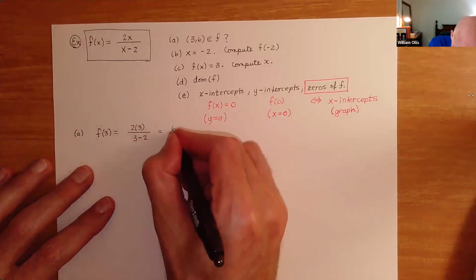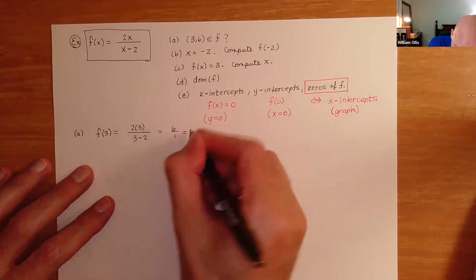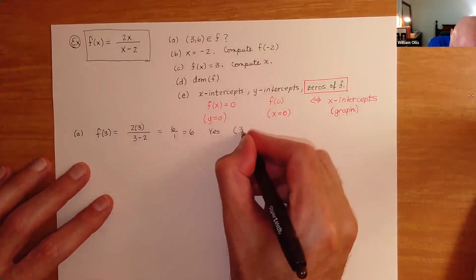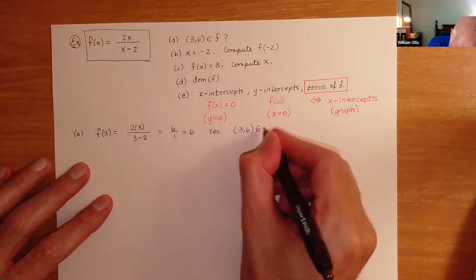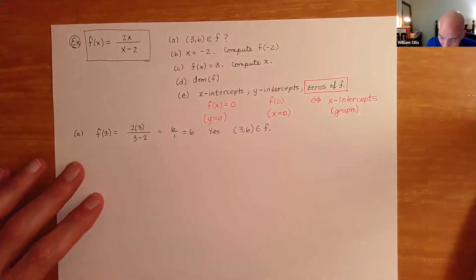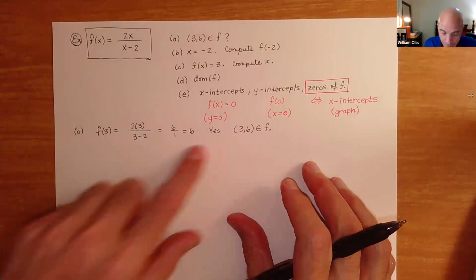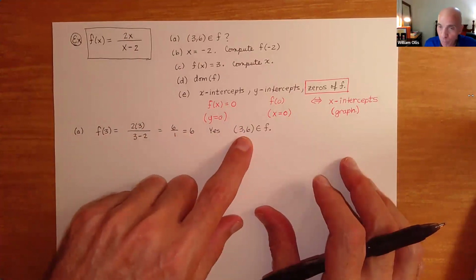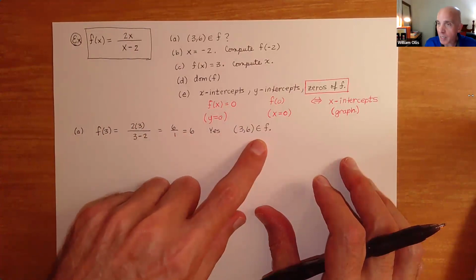Of course, that's 6 over 1, which is 6. So yes, we'll say 3 comma 6 is an element of f. Again, we say f of 3 equals 6. Therefore, the ordered pair 3 comma 6 is an element of f.